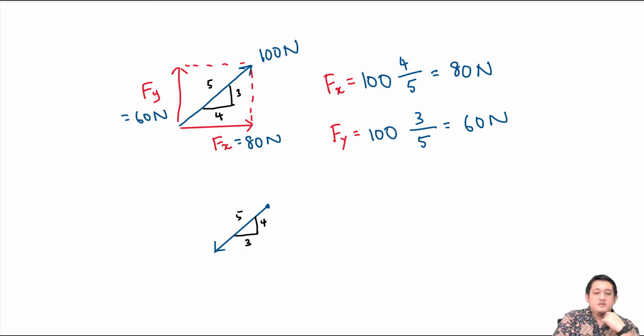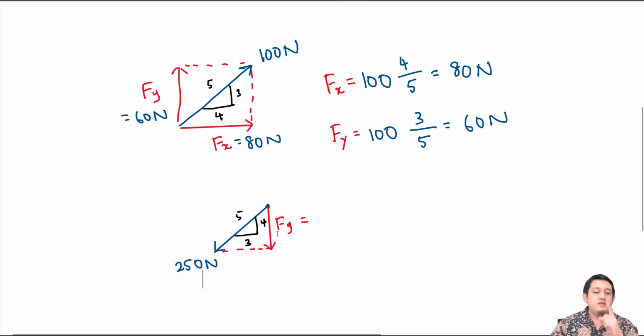So to find Fy, this one here. Again, to calculate Fy, we need the magnitude of the force. I forgot to assume the force. Let's say the force is 250 Newton. Okay. How to calculate Fy?